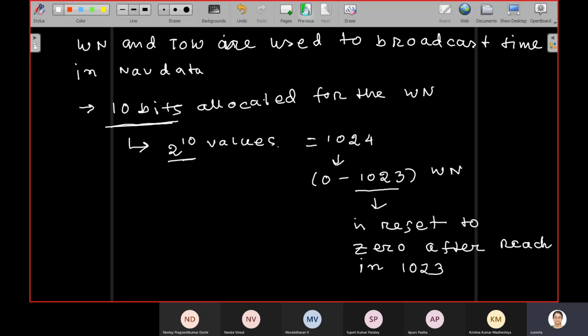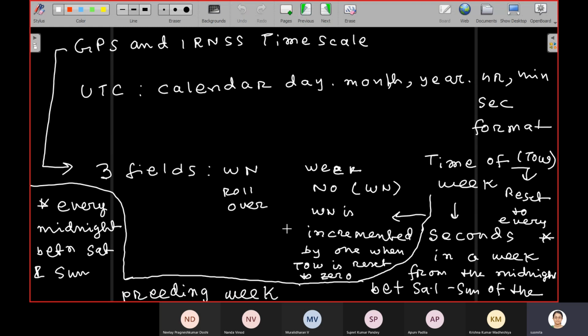Okay. When the week number is reset to 0, the week number rollover is incremented by 1. So week number rollover holds how many times the week number field was reset to 0. That's why it's called week number rollover.